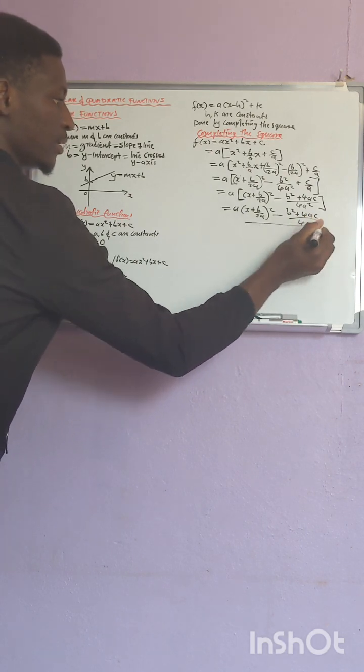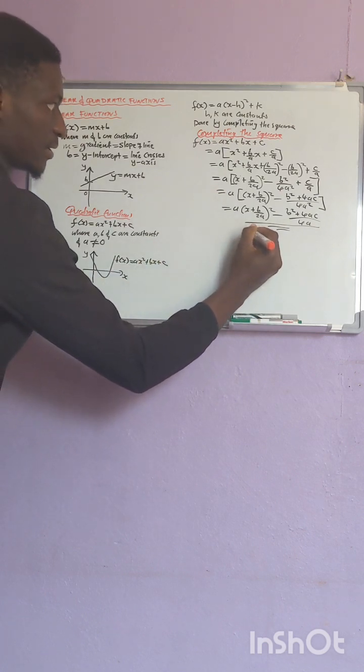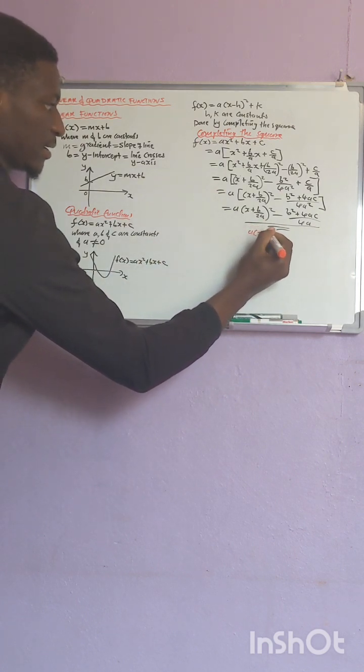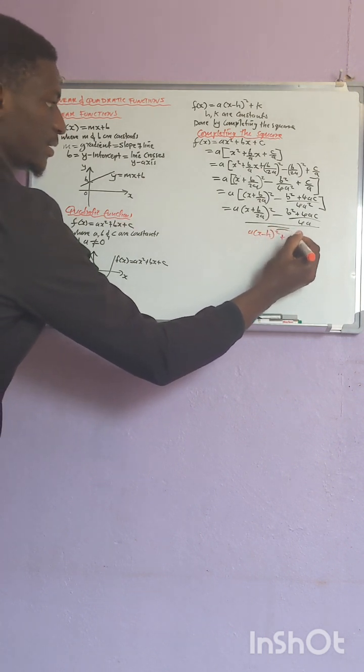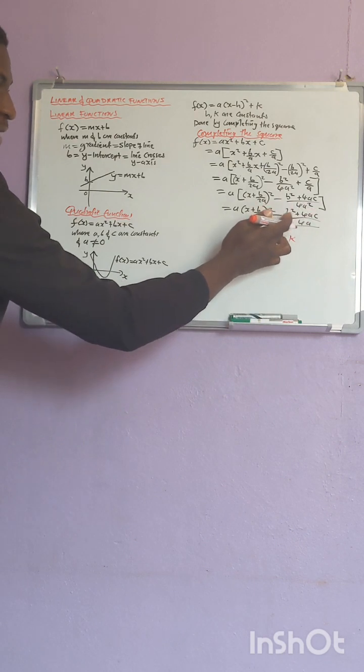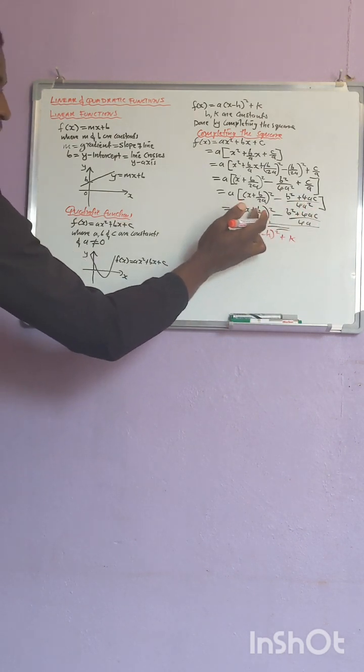We have completed the square. As you can see, the expression we have right now is the same as a times x minus h, squared, plus k, where k is this term here and h is this one here.